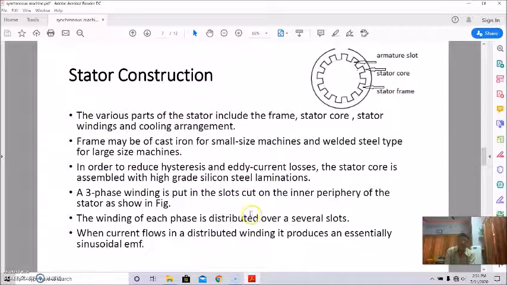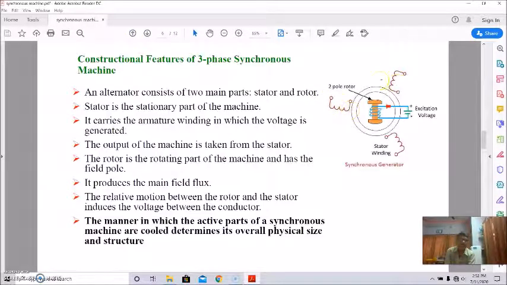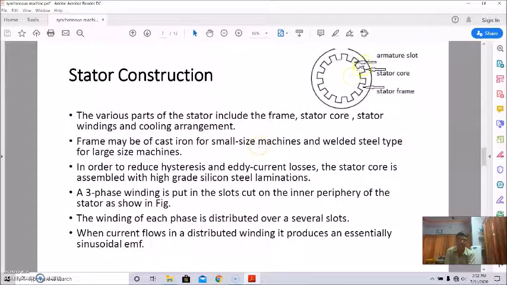A three-phase winding is put in the slots cut on the inner periphery of the stator, as shown here, and the winding of each phase is distributed over several slots. When current flows in a distributed winding, it produces an essentially sinusoidal EMF. So basically, these are the three balanced windings which are placed in the stator armature slots. This is shown here.